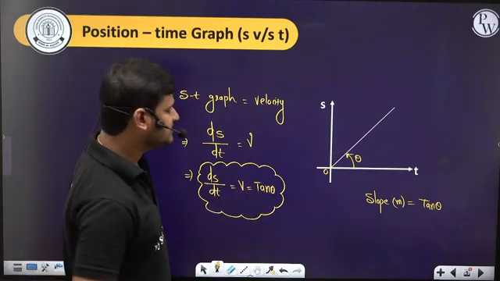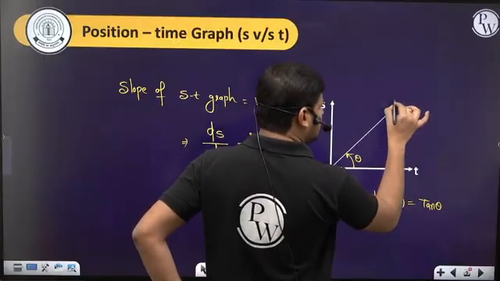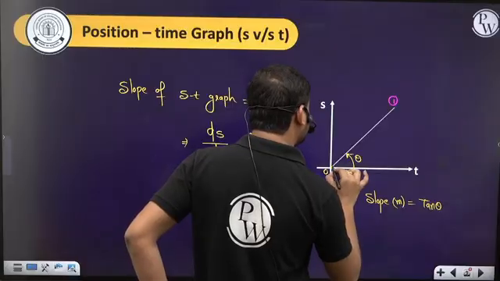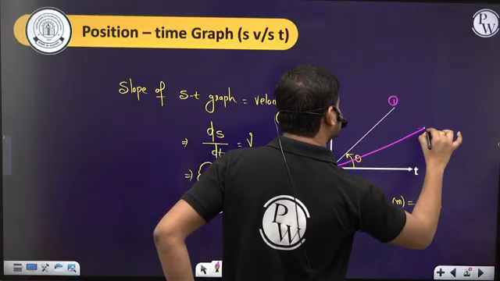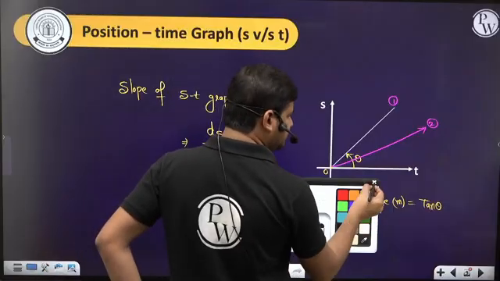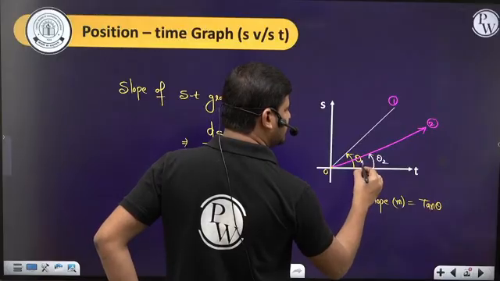So now let's say this is a displacement time graph of one body. Now I am taking one more body. Let's consider this is another body, body 2, which is maintaining some different angle, let it be theta 2, and let the previous one be theta 1.